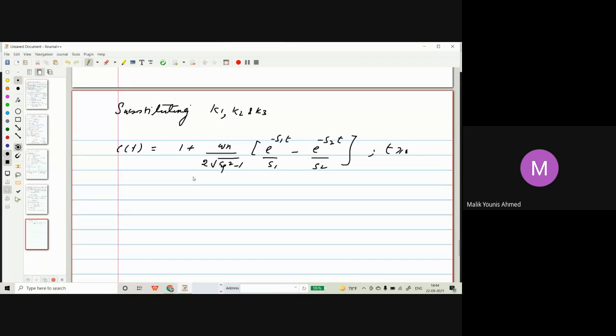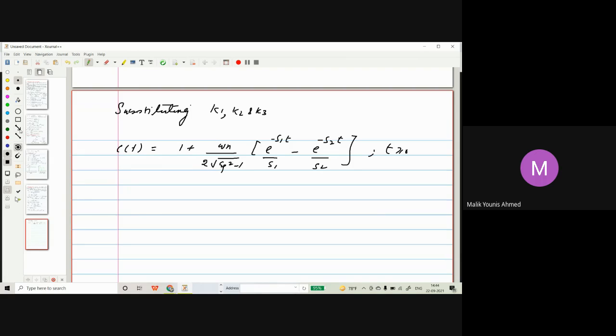Initially, e raised power 0 is 1, so this value, if you substitute completely, would be 0 initially. Then finally, C of infinity will be equal to 1, because e raised power minus infinity is 0, and 0 multiplied by this will be 1.